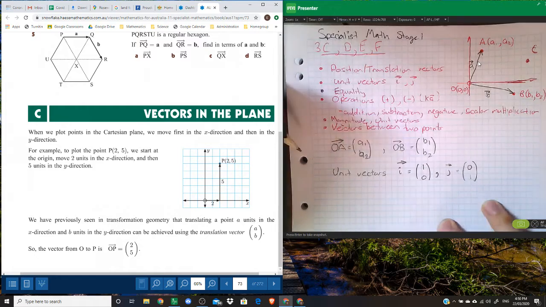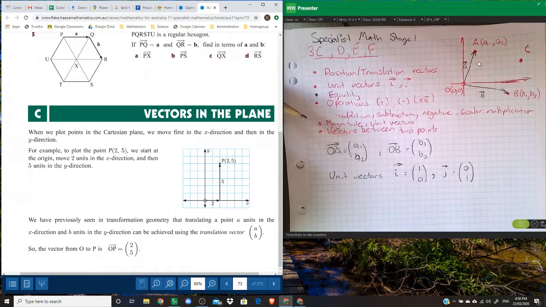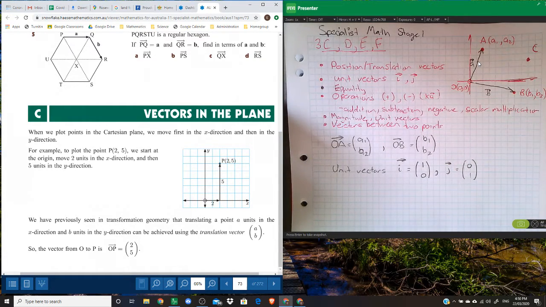Okay, so you can write other vectors in terms of i's and j's, and we're going to have a bit of practice of that later on. So we'll do some of the example questions as we go through this stuff, but I thought I'd introduce these concepts.